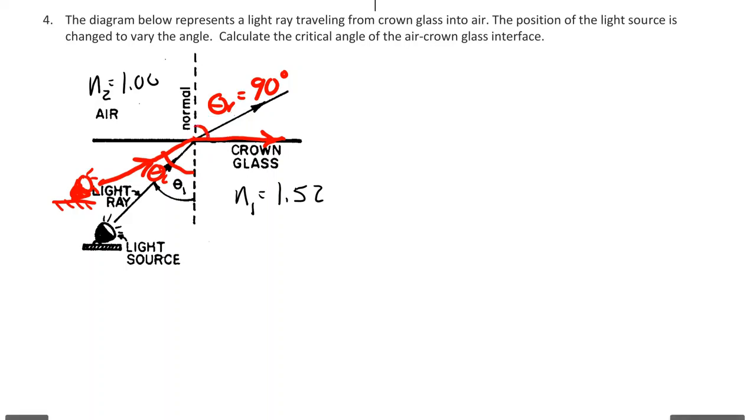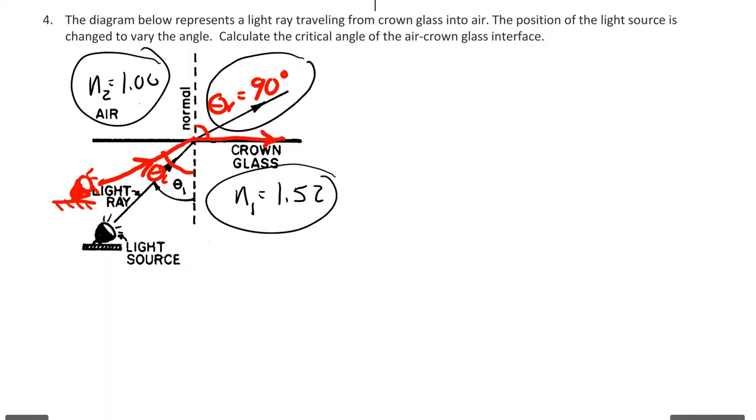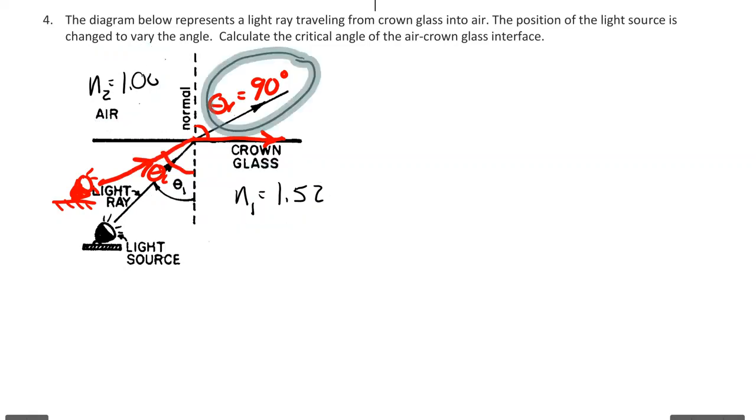By the way, now we're ready to do the Snell's law equation because we have 3 pieces of information, and we're actually solving for the angle of incidence. That is the critical angle that makes the angle of refraction 90 degrees. It's a little confusing because physics is sometimes confusing, but that's okay.